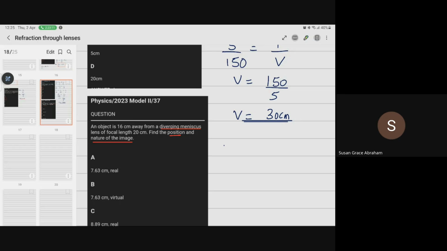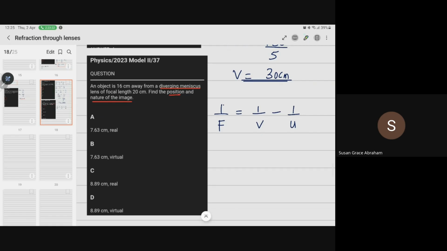Do you understand? So now, if I have 1 over f is equal to 1 over v minus negative 1 over u, with the object 16 meters away from a divergent lens, I have minus 1 over 20 is equal to, and it is expected that the image is going to be a virtual image.